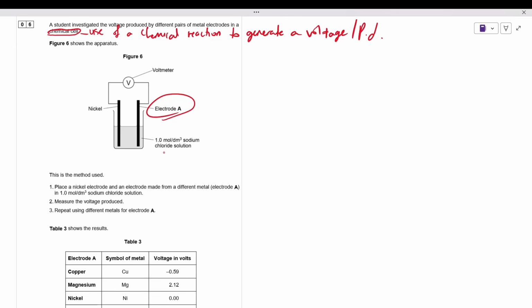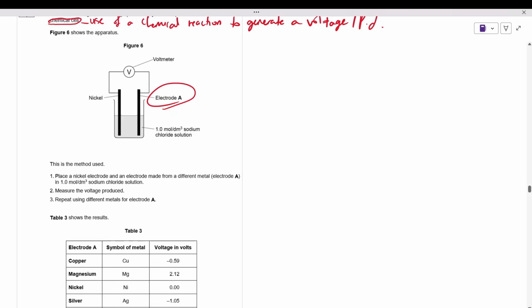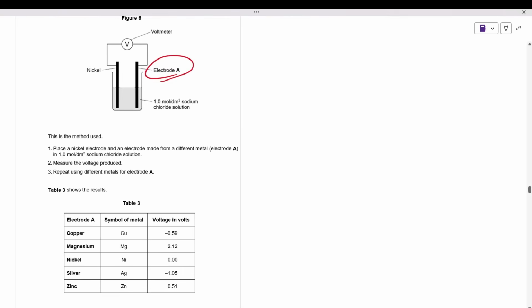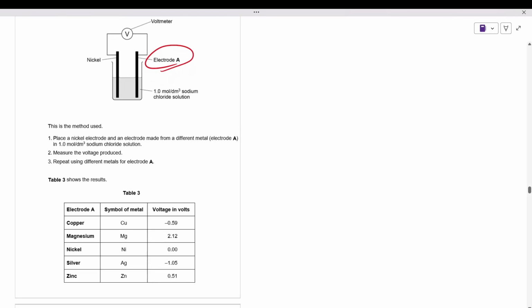Now these are the various metals that were used in place of electrode A. So we have the copper, magnesium, nickel, silver, and zinc. Now obviously nickel is used there. So it means, therefore, if we use nickel again as electrode A, that's going to give 0. They're literally the same metal. So there will be no transfer of electrons from one to the next.